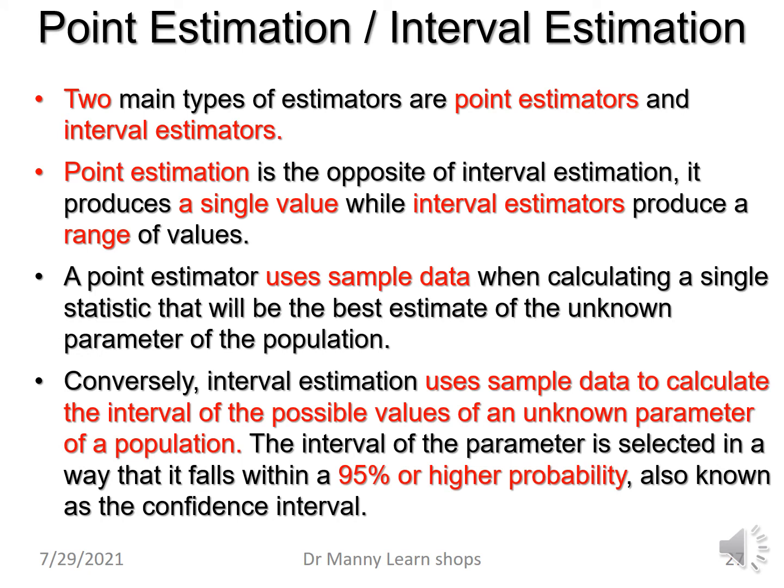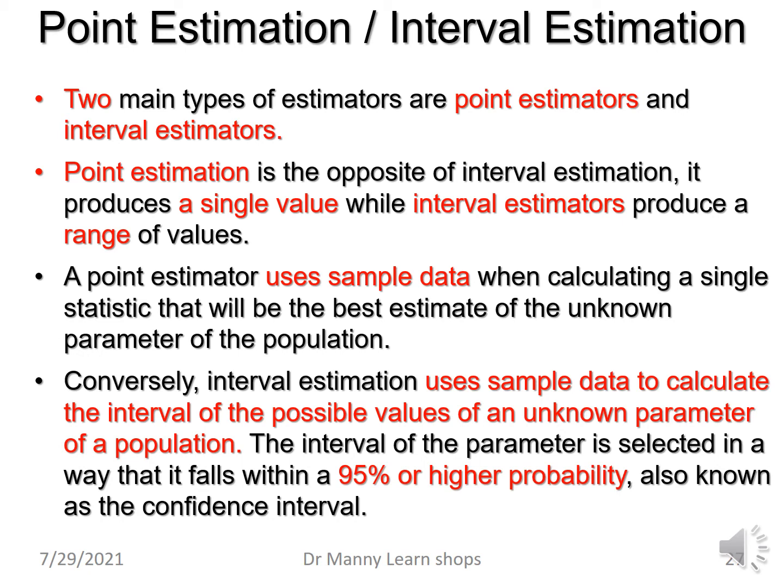When we look at estimators, there are two main types: point and interval. Point estimation is the opposite of interval estimation. Point estimation produces a single value. Interval estimators produce a range. A point estimator uses sample data.